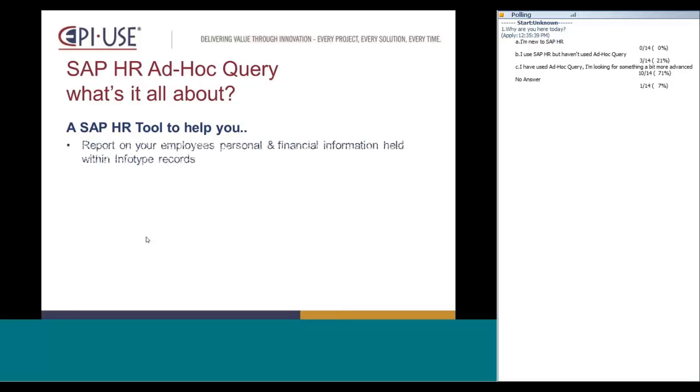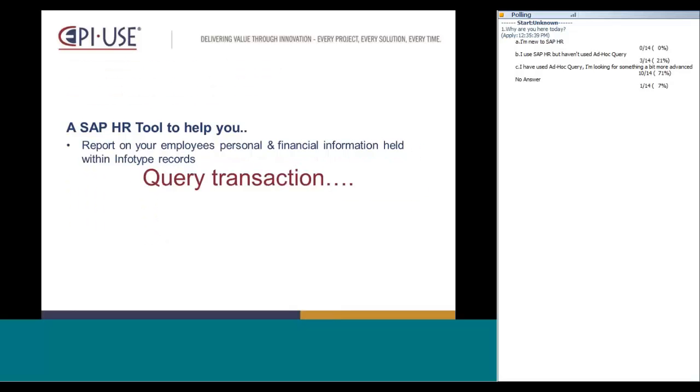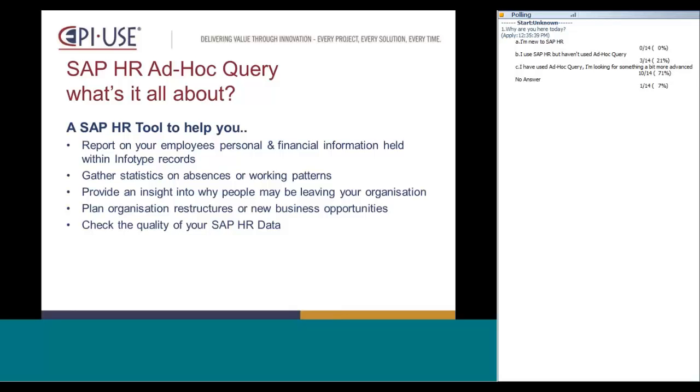Ad-Hoc Query is quite a good tool. You can use it to report on your master data, so employee records, all the records you'll see traditionally within PA20, all those different infotypes, from personal data to org assignment infotypes.